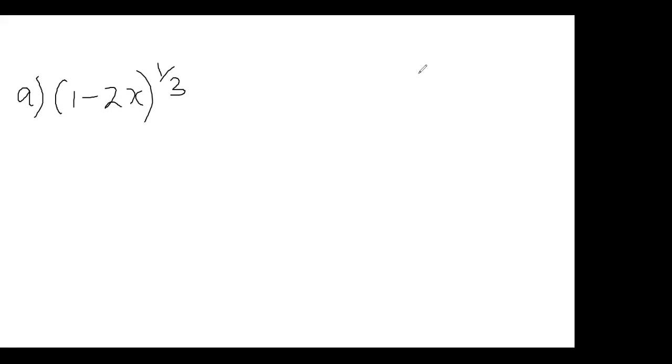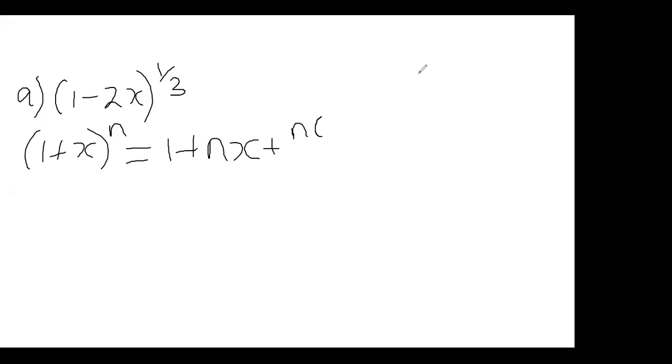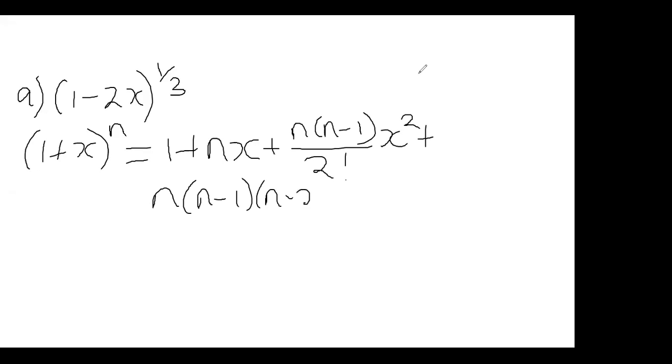Now, you remember we are saying that (1 + x)^n is supposed to be 1 + nx + n(n - 1)/2! x^2 + n(n - 1)(n - 2)x^3/3! + ... I have to include those dots showing that this is not the end.